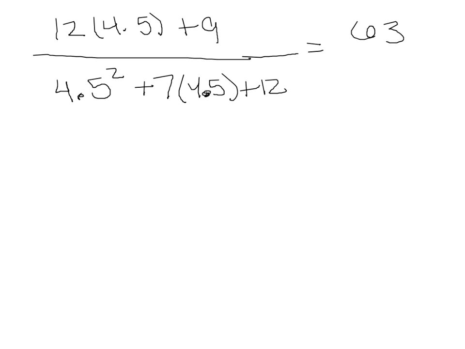And then do it for the denominator. So 4.5 squared plus 7 times 4.5 plus 12. And I get, it's a fraction, 255 over 4.